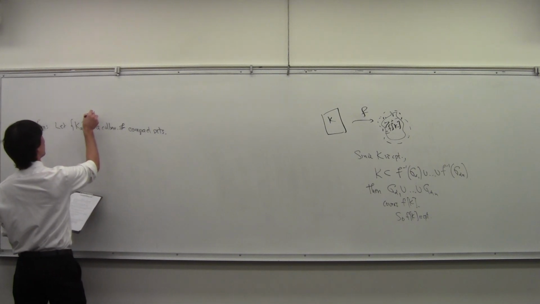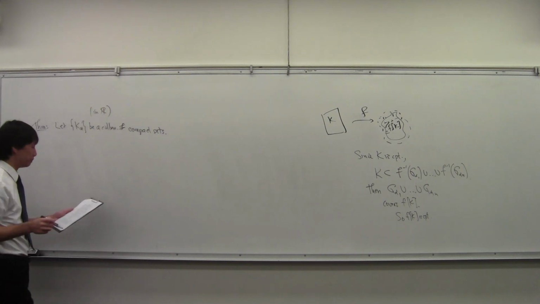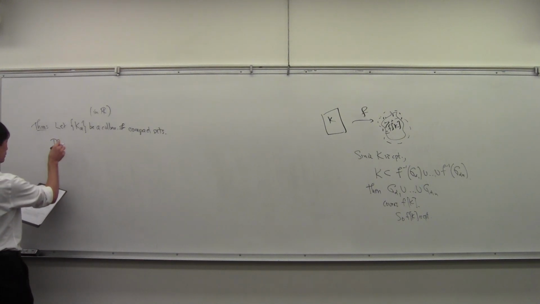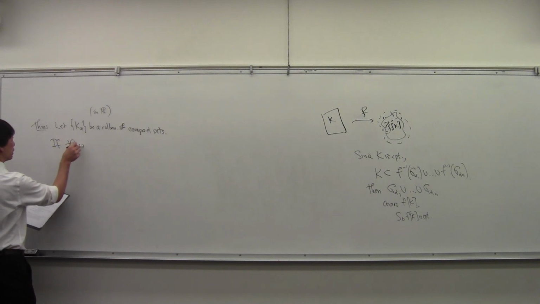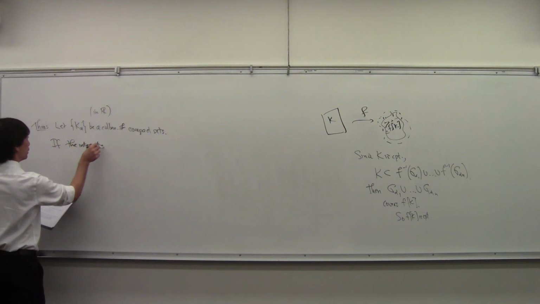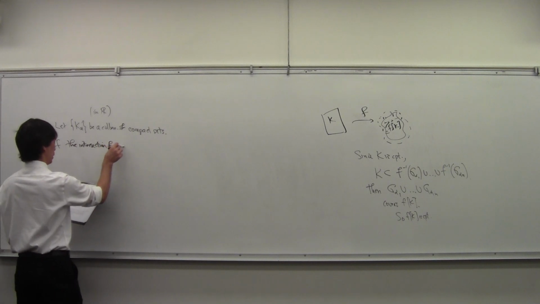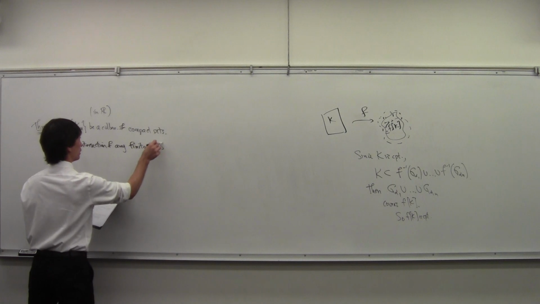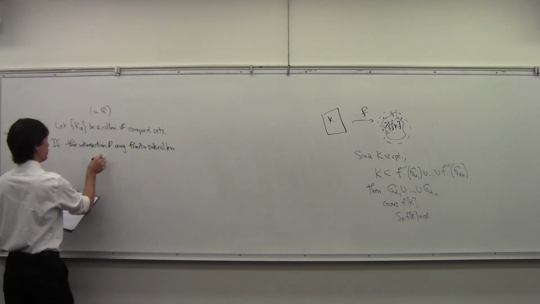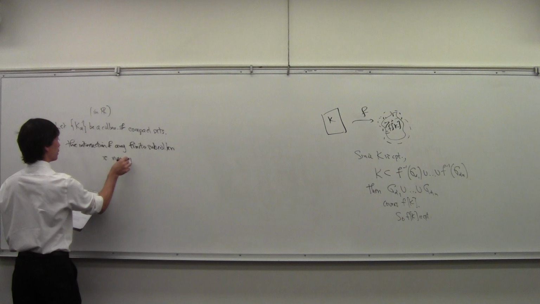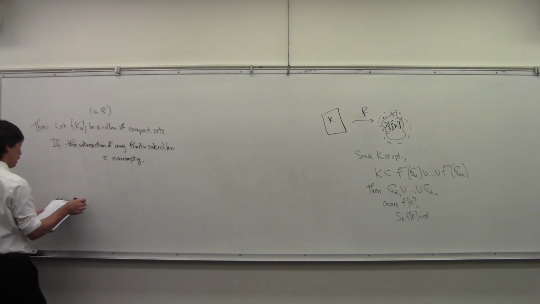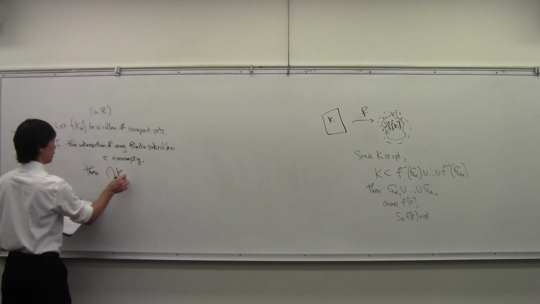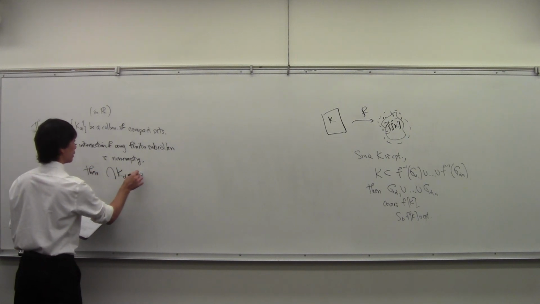And this is in R. If the intersection of any finite subcollection is non-empty, then the total intersection, the intersection of all of them, is non-empty.